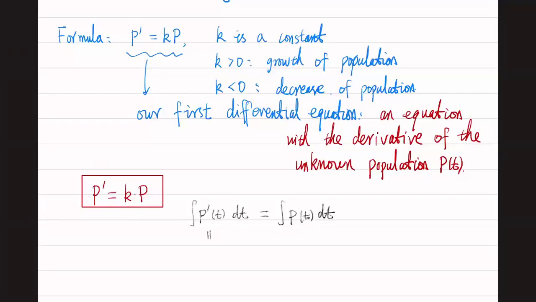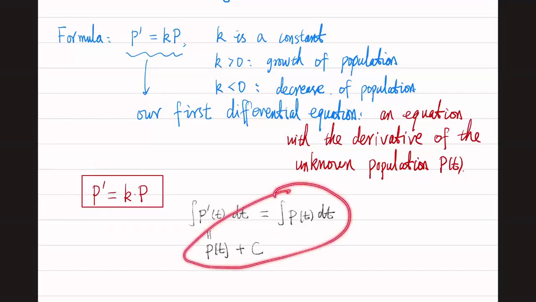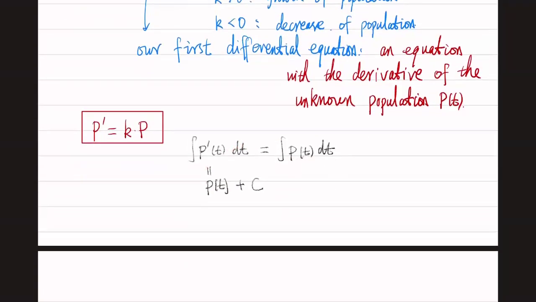And this is the function p. That gives you an integration constant. However, now we have an equation about this unknown function. We don't know how to solve it from the equation.